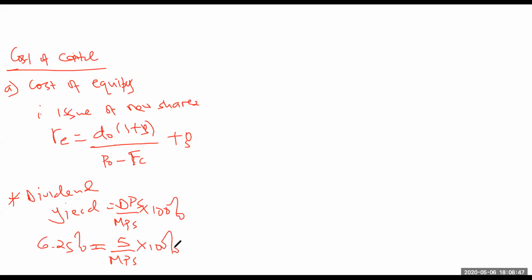Therefore, the market price per share, the P naught, is equal to 5 divided by 0.0625.